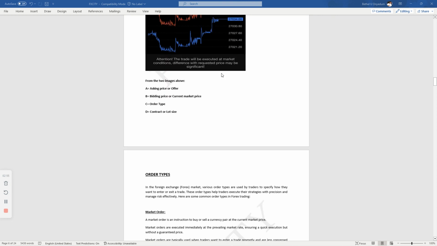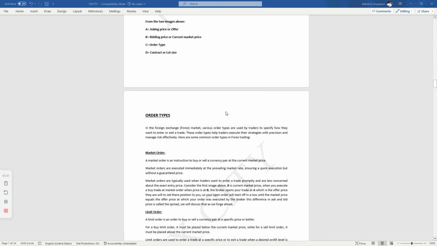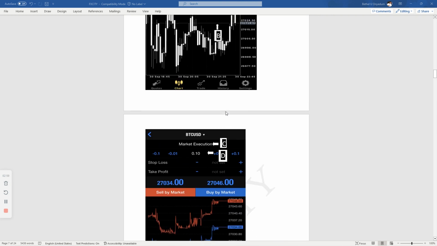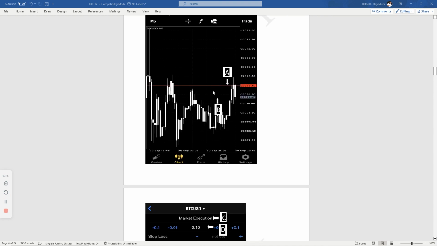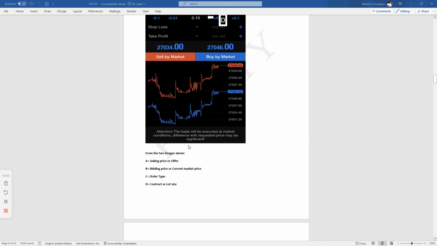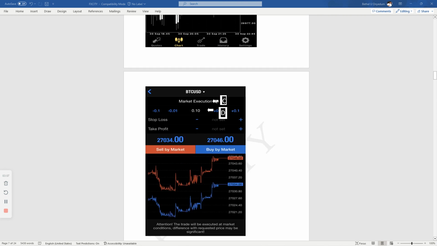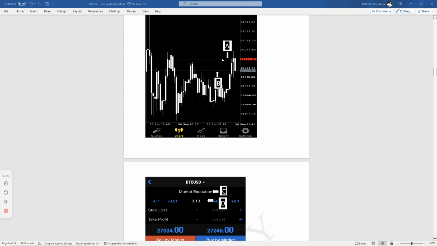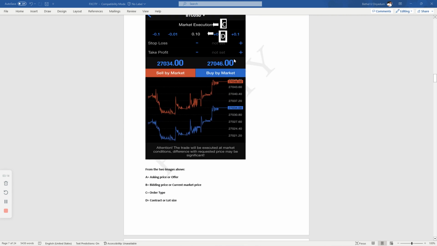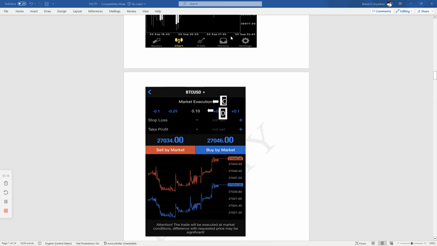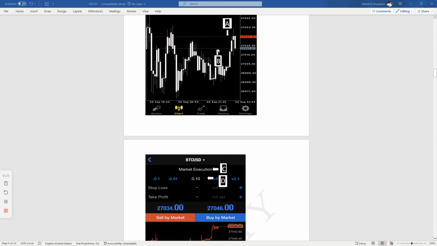So moving forward, okay, let me just explain these images. For these images here, it's already explained here, what each letter stands for. A equals the asking price, or the offer, and B equals the bidding price.